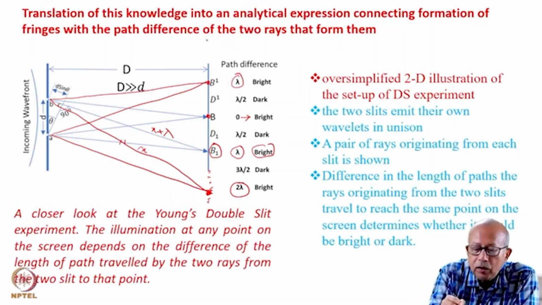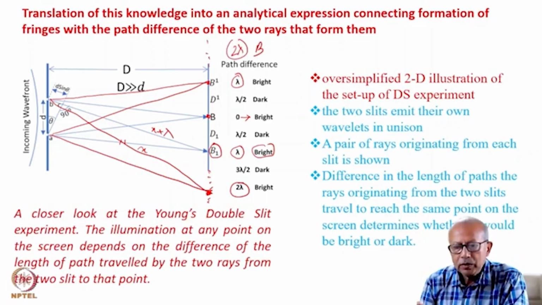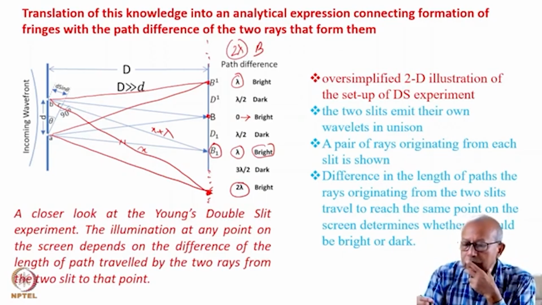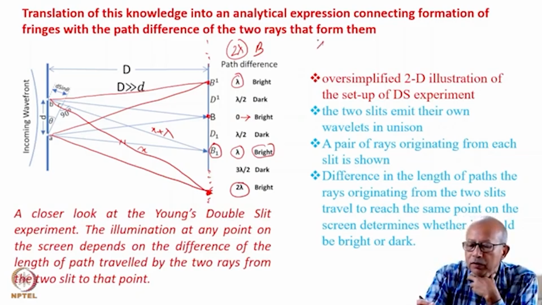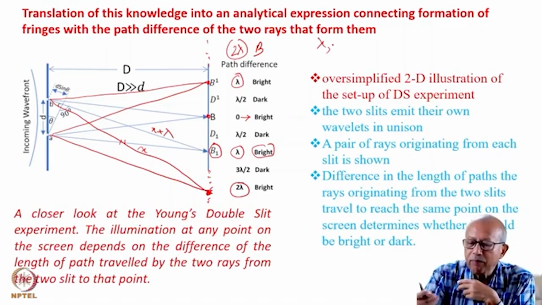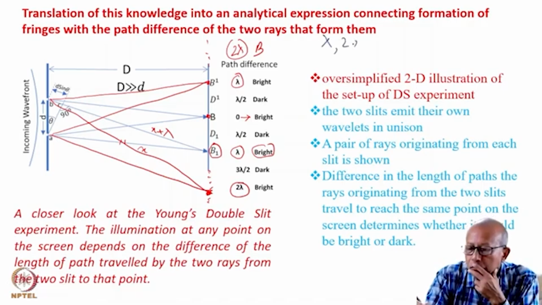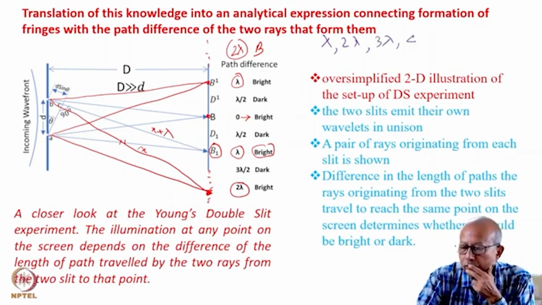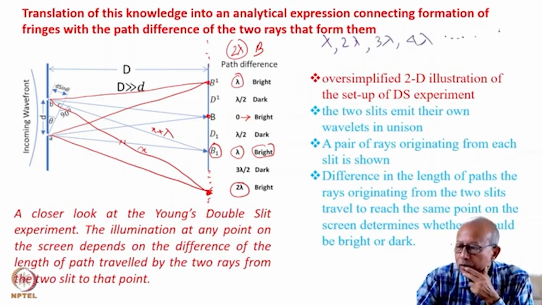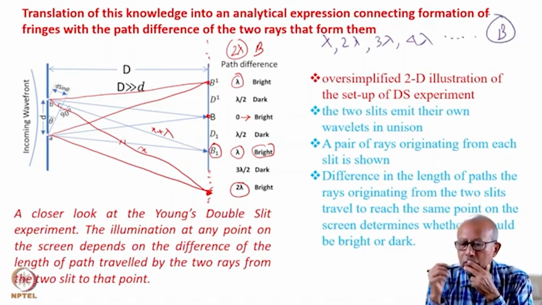Similarly, for the next one, the path difference will be 2 lambda. So what have we seen? We have seen that when the path difference is 0, lambda, 2 lambda, 3 lambda, 4 lambda, and so on, then you have a bright zone.